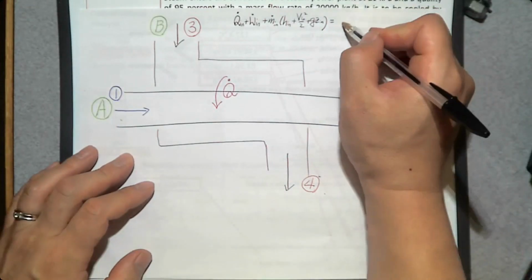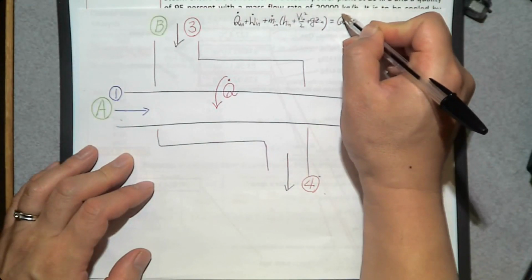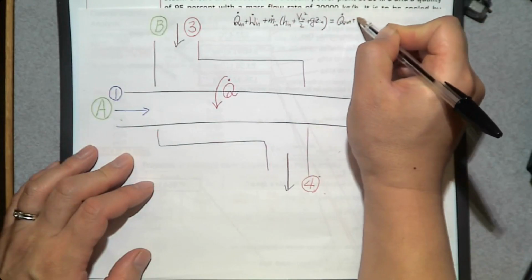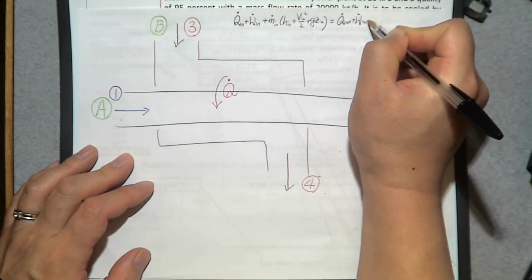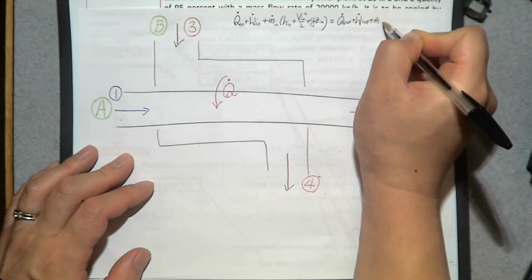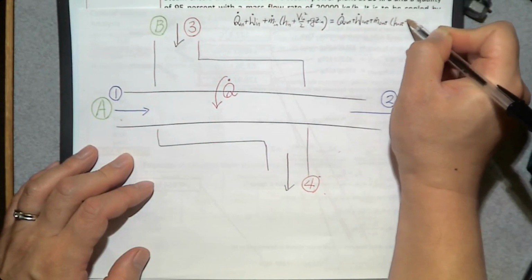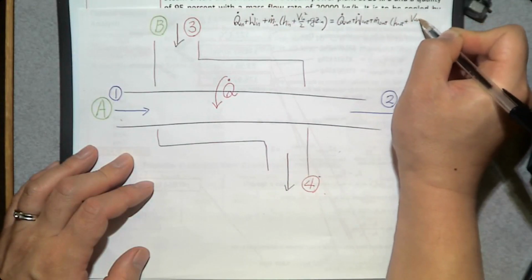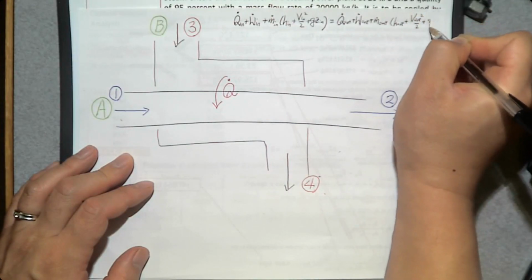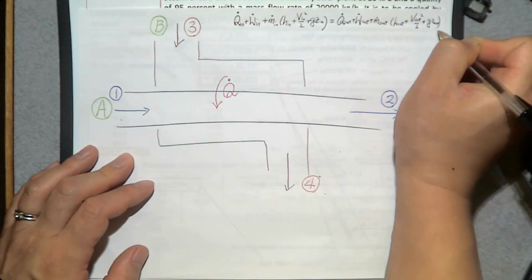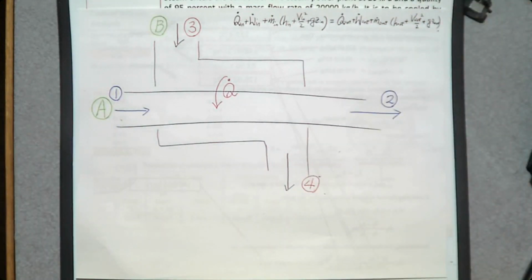And we have energy transfer out of a system, Q dot out plus W dot out plus M dot at its exit. It has enthalpy, kinetic energy, and potential energy. So this is the general energy balance equation.